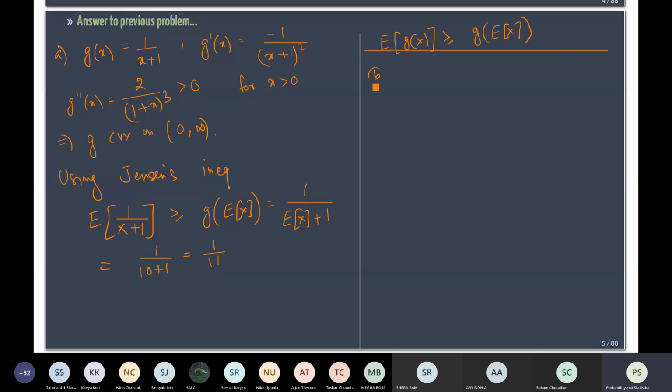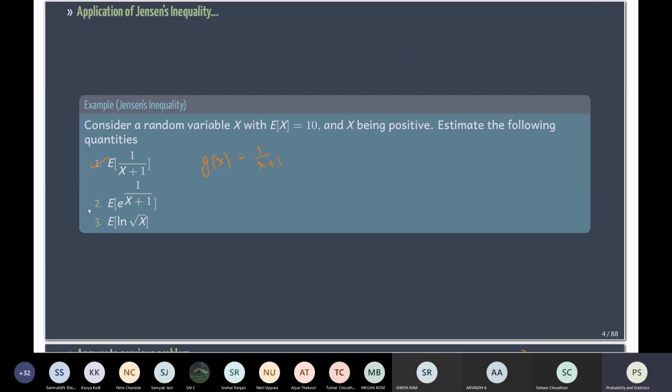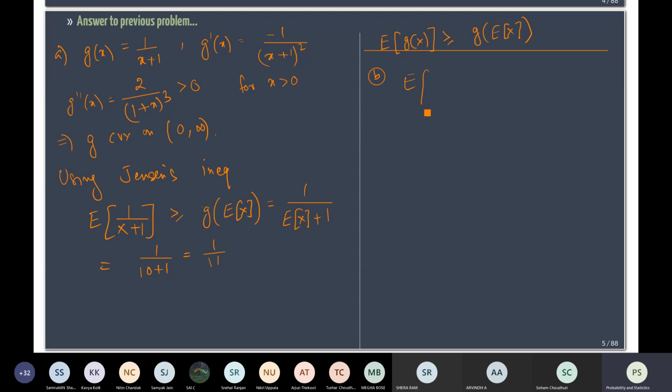now the B part would be similar, right? So for the B part, what we have to find is the expectation of e to the 1 by x plus 1, right? So here again the function g of x will be e to the 1 by x plus 1 now. So we are supposed to take the derivative of this.